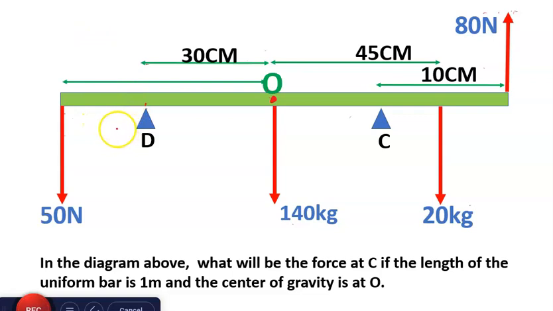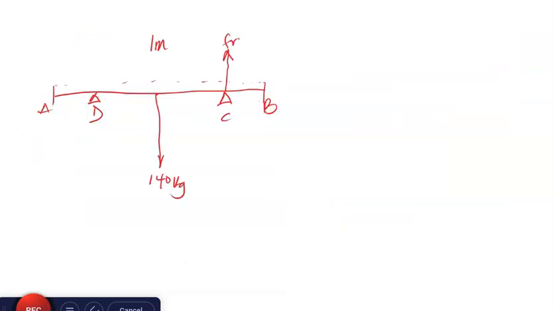Remember, we're converting from centimeters to meters. So let's replicate that. At point A, we have this force acting, and between this force and the reference point D, we have 20 centimeters, which is 0.2 meters. And this is a weight of 50 newtons.